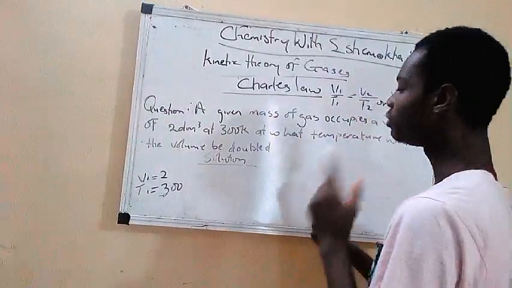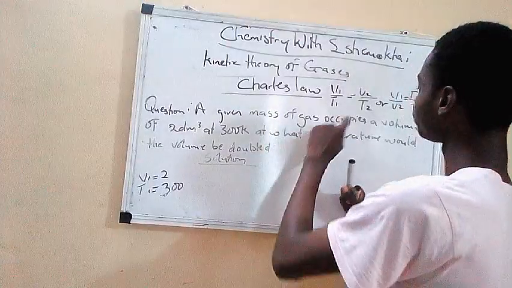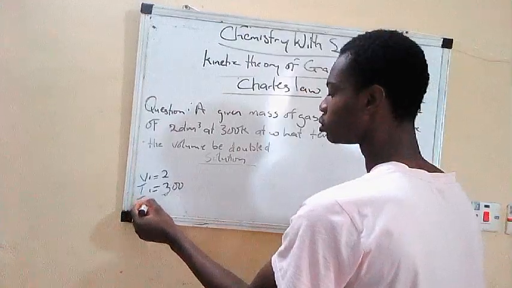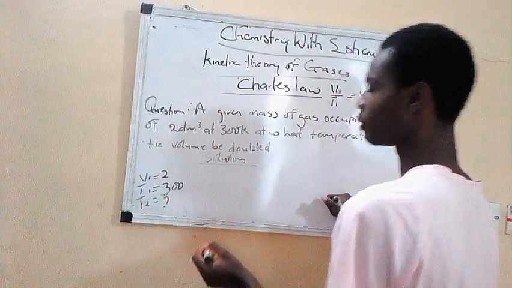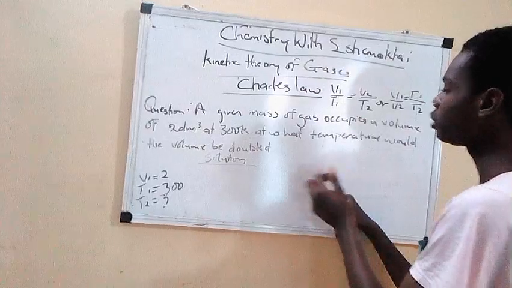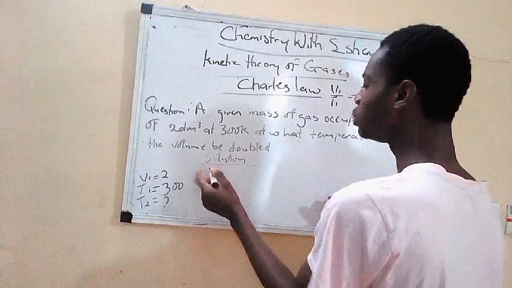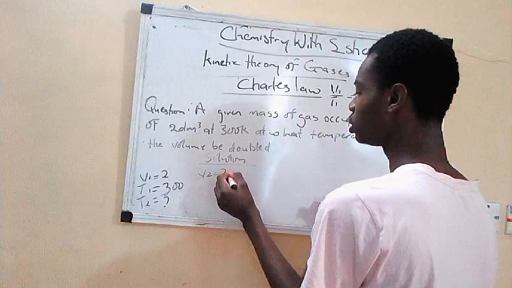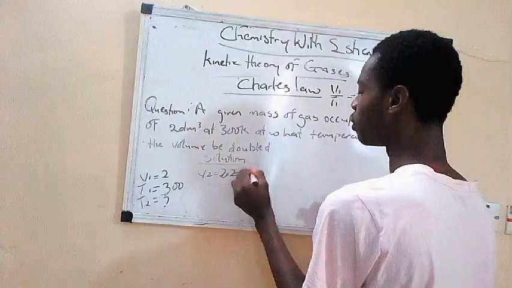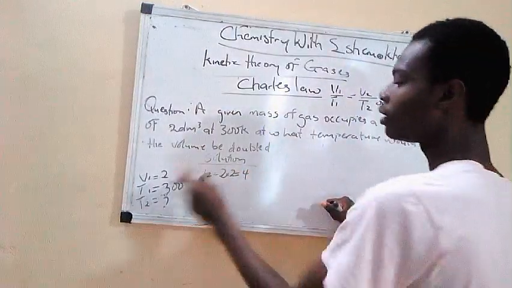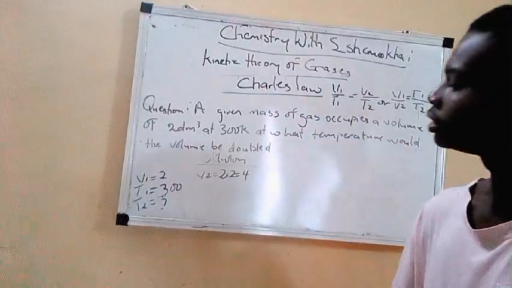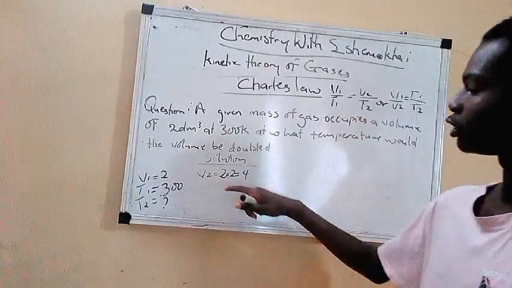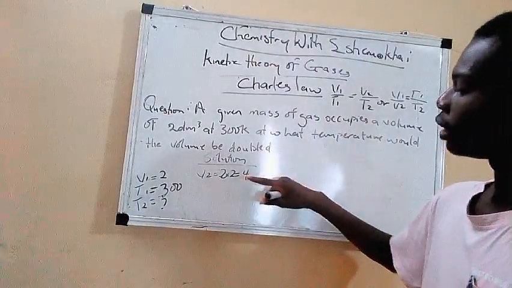So at a certain point, the volume was doubled, and now they ask us at what temperature. So we are looking for T2. We don't know the temperature yet, but they said the volume was doubled, and double of 2 is what? V2 will be 2 times 2 equals 4. Now our V1 is 2, T1 is 300, we are looking for T2, and V2 has already been doubled, and now we have 4.